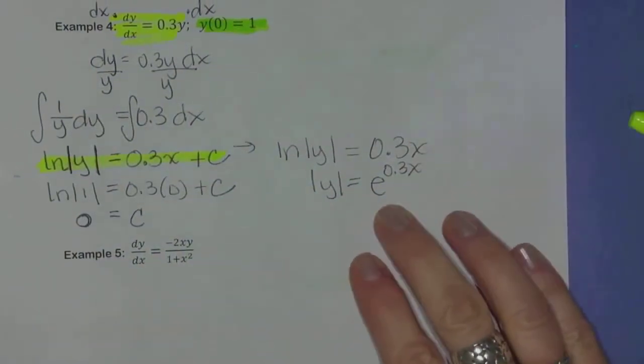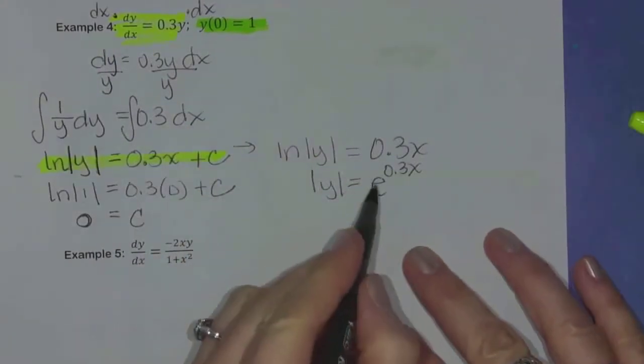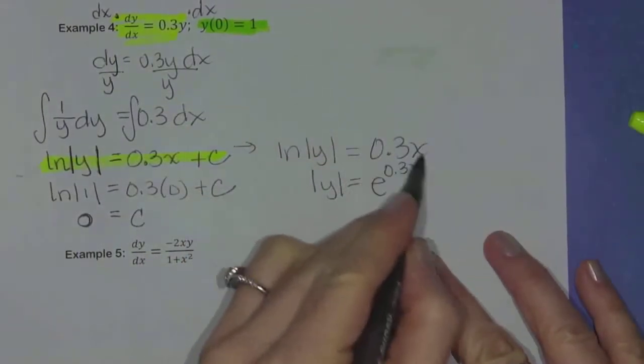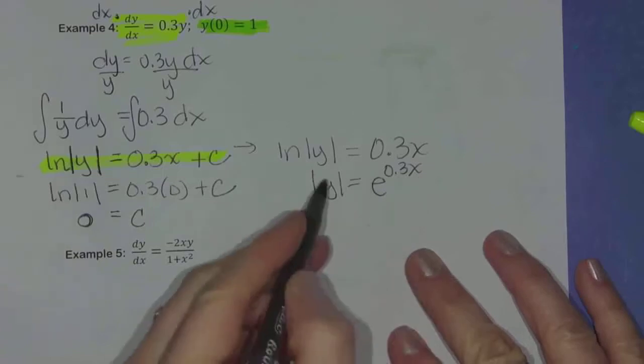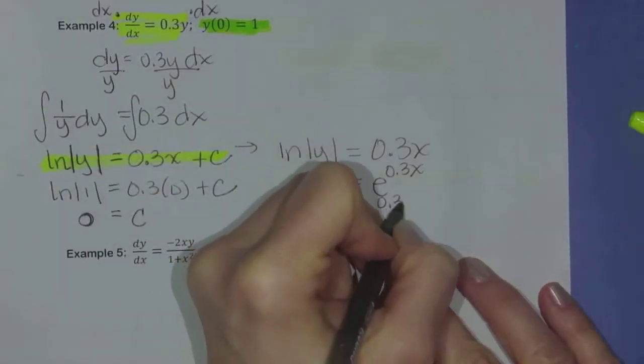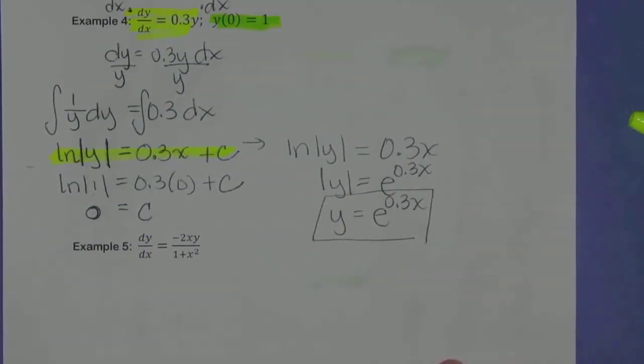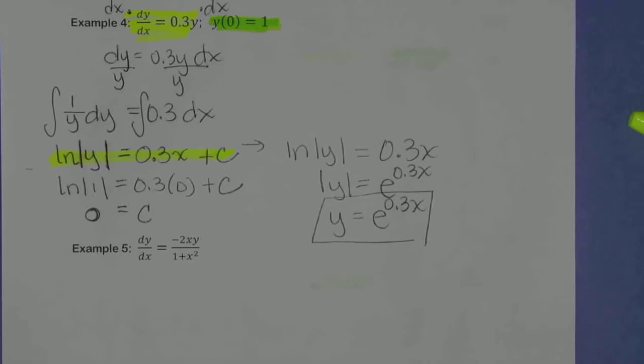And now that I'm in this form, I can drop the absolute value bars because e raised to any power, positive, negative, or 0, will always result in a positive y value. So y equals e raised to the 0.3x will be my final answer.